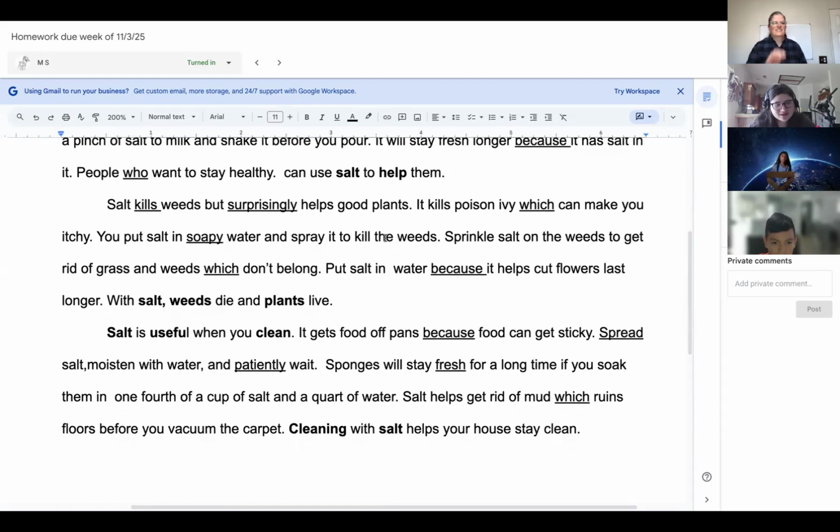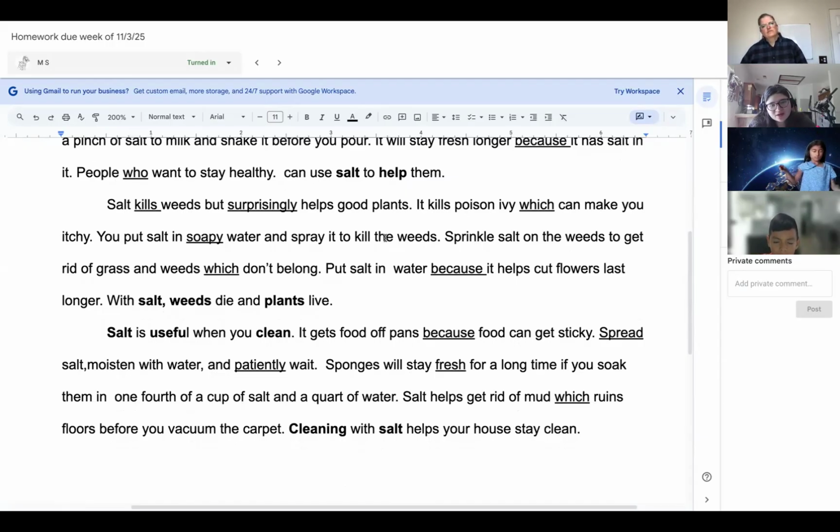Nice. Salt kills weeds, but surprisingly helps good plants. It kills poison ivy, which can make you itchy. You put salt in soapy water and spray it to kill the weeds. Sprinkle salt on the weeds to get rid of grass and weeds, which don't belong.